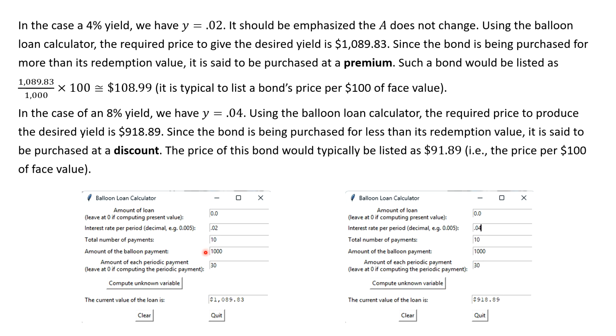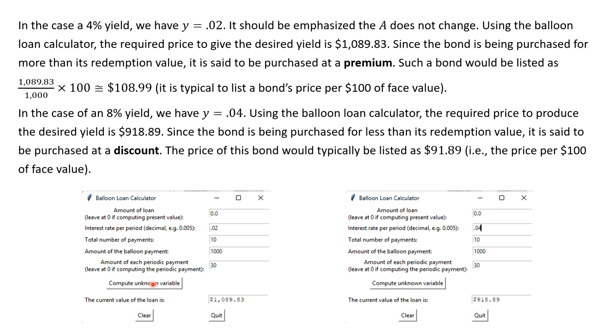The balloon payment, which is the redemption value of the bond, is $1,000, and then it's $30. We computed that. That's the periodic payment, the coupon. The terms are different, of course, but the balloon loan is similar to the bonds.